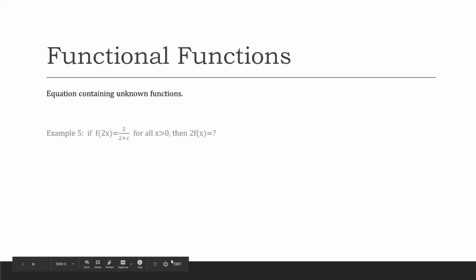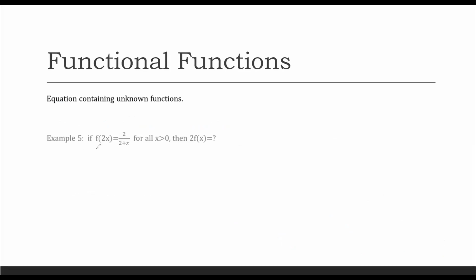Finally, you have functional equations, which are just equations containing unknown functions. If f(2x) is equal to 2/(2 + x) for all x greater than 0, then what is 2 times f(x)? You can say 2x is equal to X, and consequently, x will be equal to X/2.